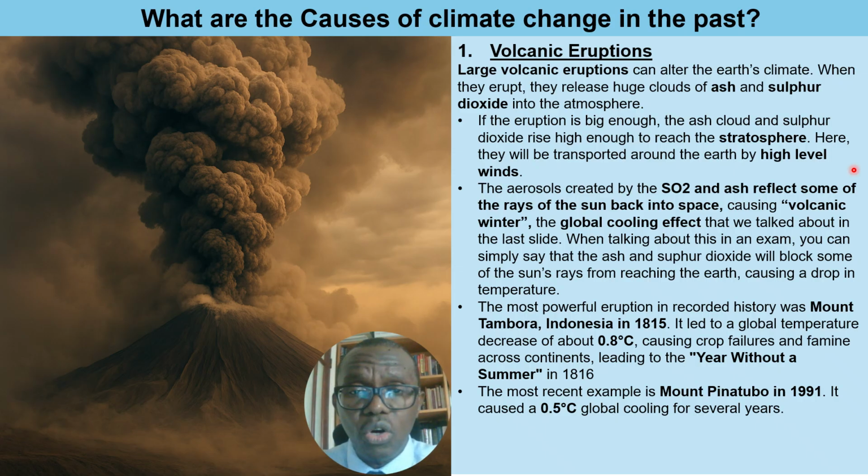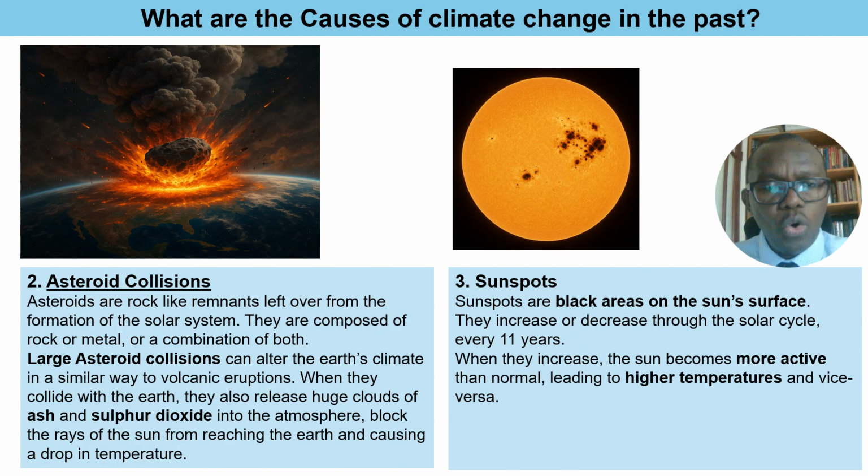Okay, so let's go on to the second cause of climate change in the past. The third cause of climate change in the past is asteroid collisions. Now, asteroids are rock-like remnants left over from the formation of the solar system. They are composed of rock or metal, or sometimes a combination of both. So again, very large asteroid collisions can alter the Earth's climate in a similar way to volcanic eruptions.